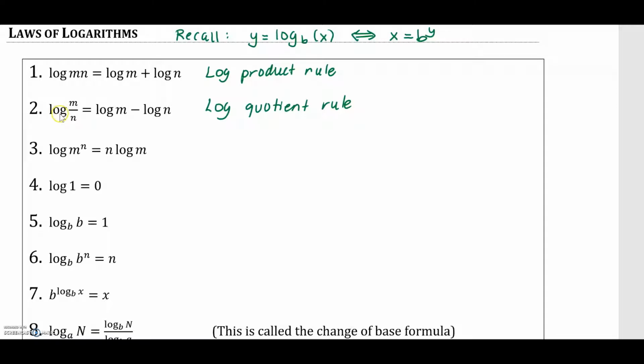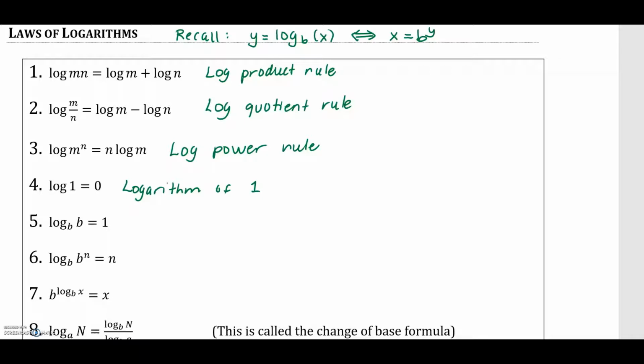Next, we have the log quotient rule, where log of m divided by n is equal to log of m minus log of n. With the log power rule, we have that log of m to the power of n is equal to n multiplied by log of m. Next, we have the logarithm of 1.